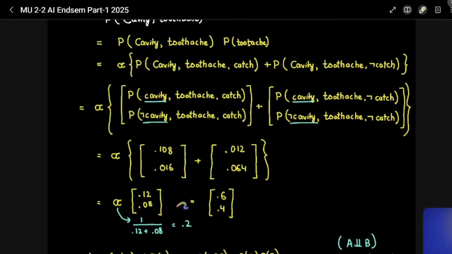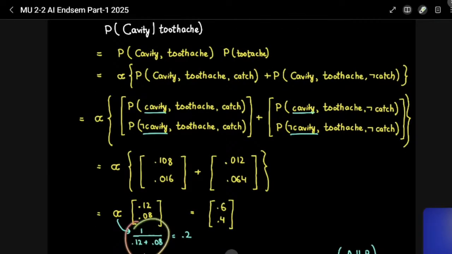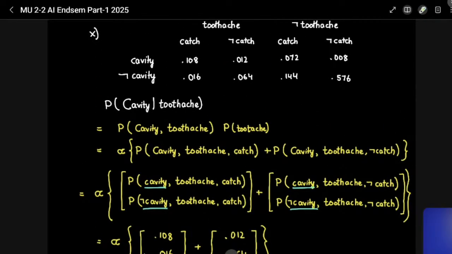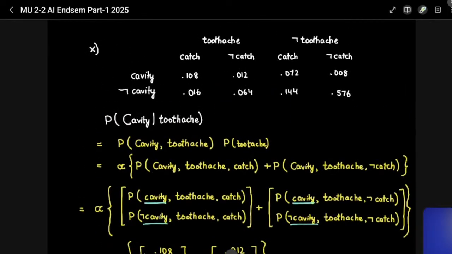So if you perform the math, if this becomes 0.2, if you multiply 0.2, you'll get this one. And if you sum these elements, you'll get 0.6 and 0.4. You might be thinking, how is probability of toothache equal to this? You can check it by yourself. You can once check.